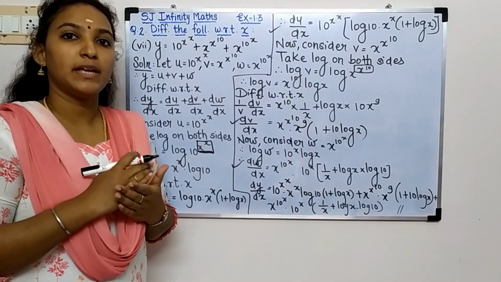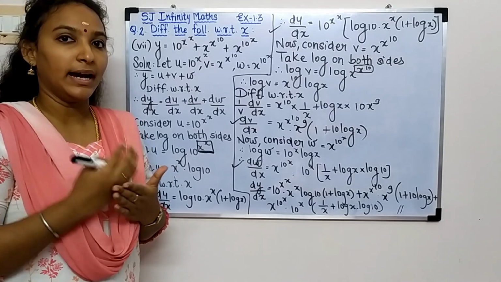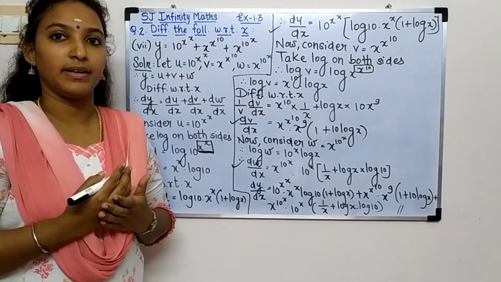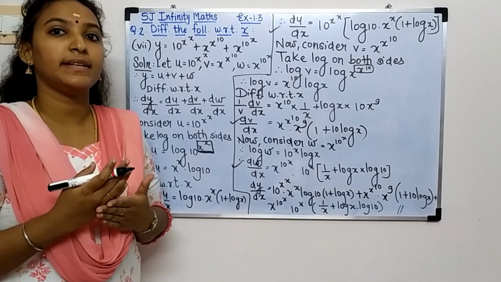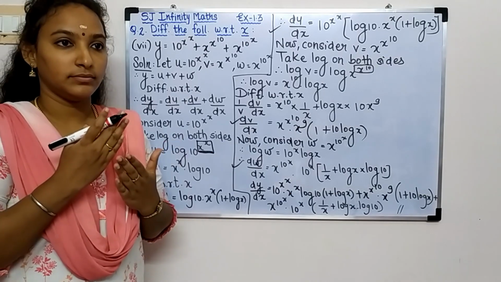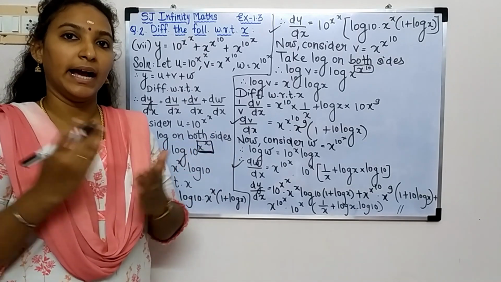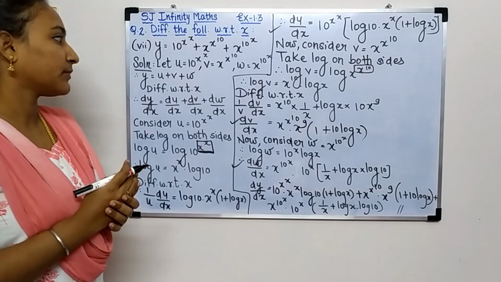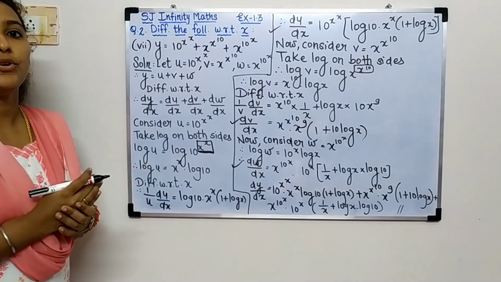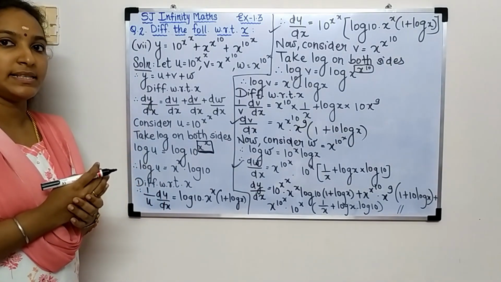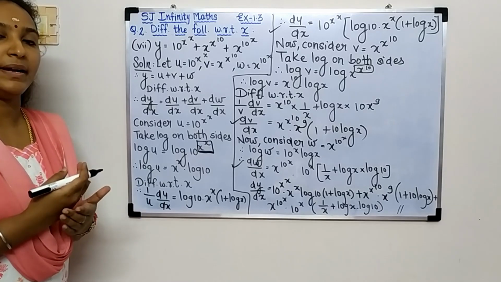See, solving them separately will give you an idea of differentiation very well, and it is very easy to solve when you divide your functions and add them together. Okay, so you can write it down in your notebook and please practice it again and again for better understanding.